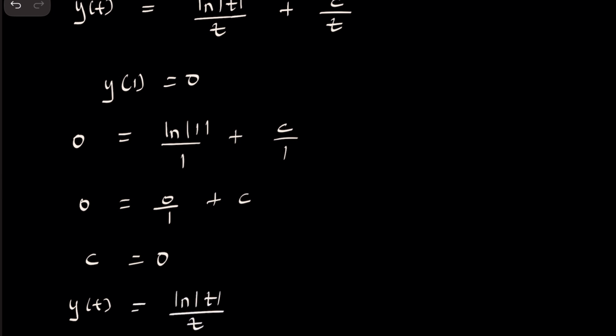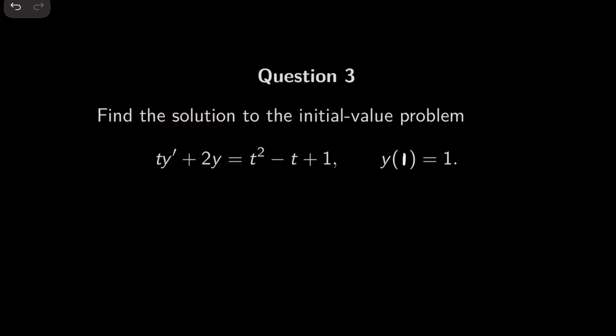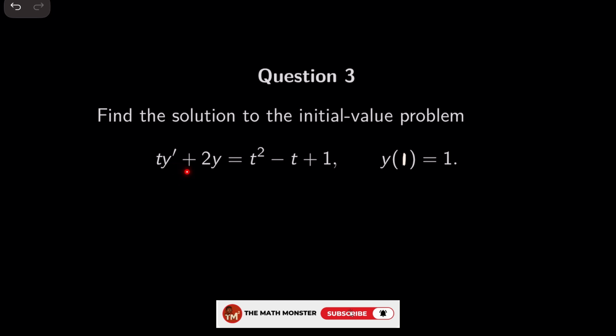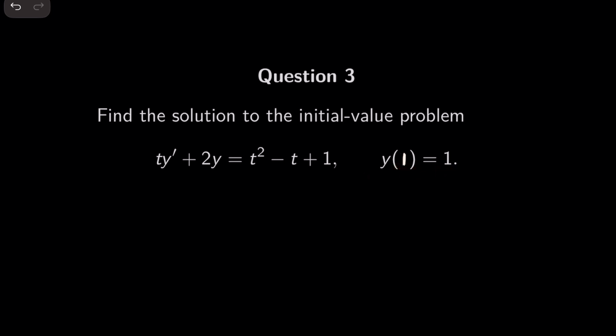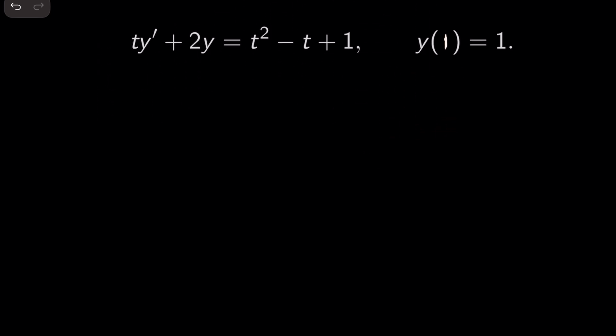With our third example, we have to find the solution to the IVP t times y prime plus 2y is equal to t squared minus t plus 1, y of 1 is equal to 1. Here we compared this equation to the standard form of the first order linear differential equation, and so we must have this coefficient to be equal to 1. So we are going to divide through by t.